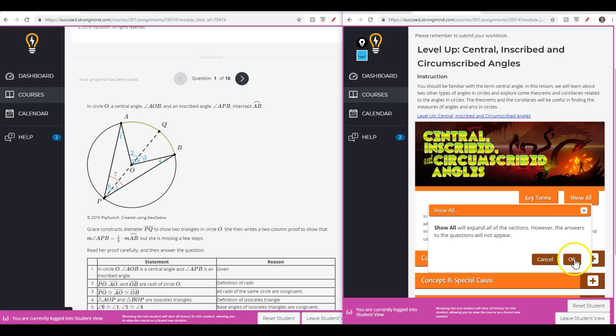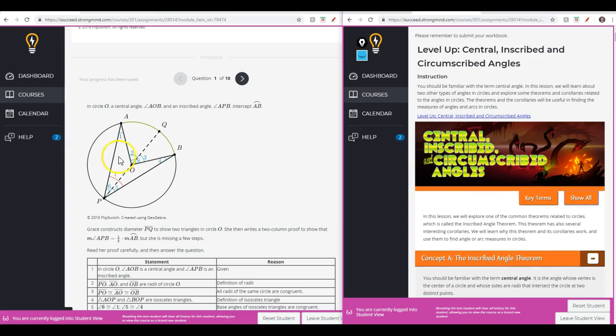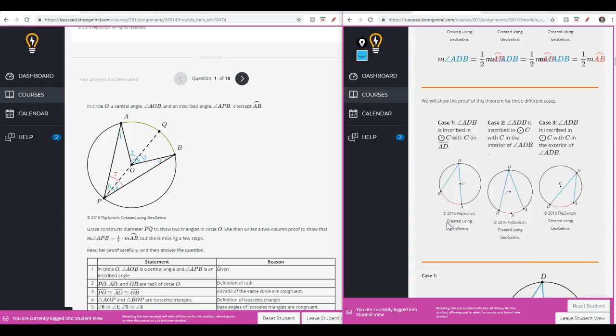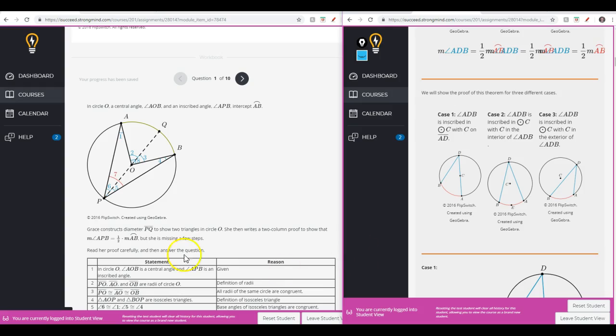I'm just going to go show all since I just want to be able to scan and look for a diagram similar to this with a proof. And the proof is to show that the angle APB, right here, an inscribed angle, is 1/2 the measure of the arc AB right here.